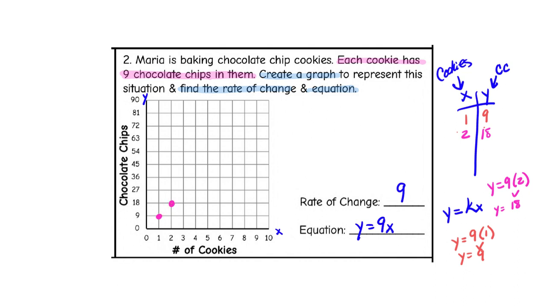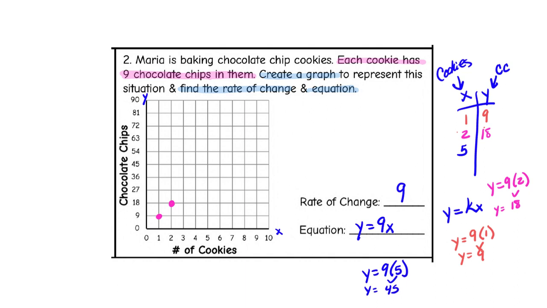Plot it. Need at least 3 points to go ahead and graph a line. So I got 2, I'm getting close, but let's pick something a little bit farther out. How about 5 cookies? If I make 5 cookies, how many chocolate chips will I need? Well, y equals 9 times 5. 9 times 5 gives me 45.